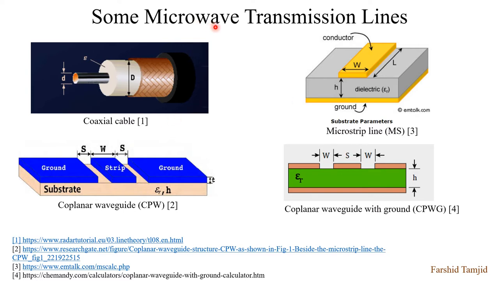Some microwave transmission lines. This is a coaxial cable. As you see, there's an inner conductor, an outer conductor, and a dielectric here. If you want to synthesize this coaxial cable to know the impedance and the phase that this coaxial cable is making, you just need to know the diameter of the inner conductor and the diameter of the outer conductor, or vice versa.